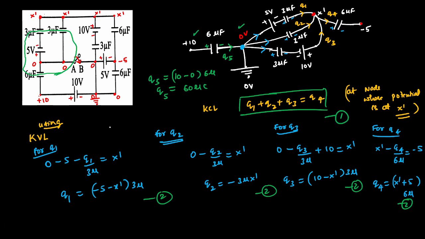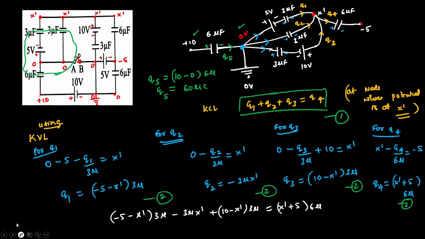As we plug in all these values, we have minus 5 minus X dash into 3 micro, plus Q2, which is minus of 3 micro X dash, plus Q3, which is 10 minus X dash times 3 micro, equal to Q4, which is X dash plus 5 times 6 micro. You just have to simplify here.